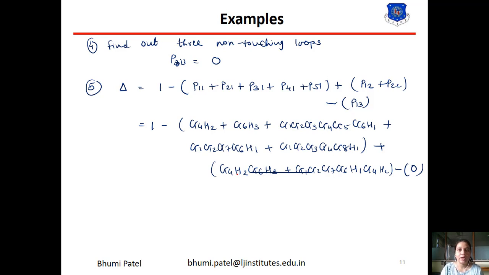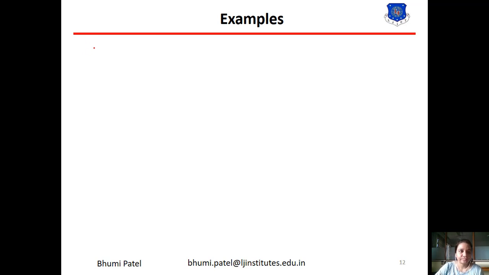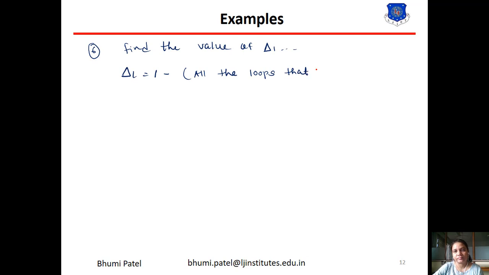So this is the delta. Now find the value of delta 1. Delta 1 is equal to 1 minus all the loops that do not touch the first forward path.